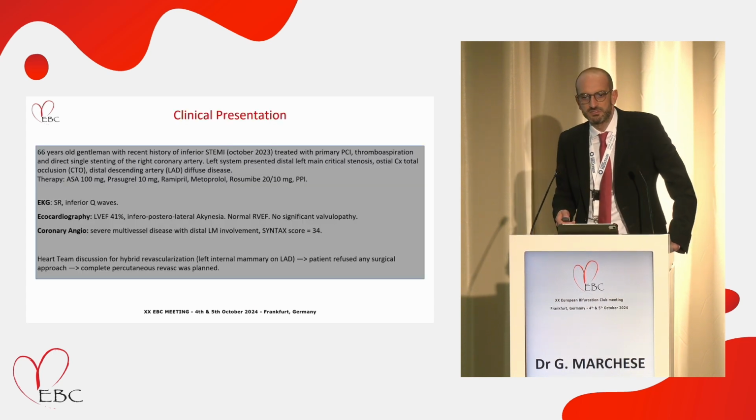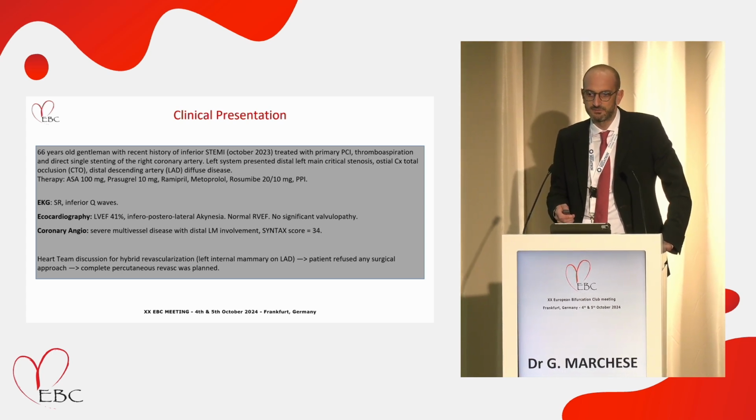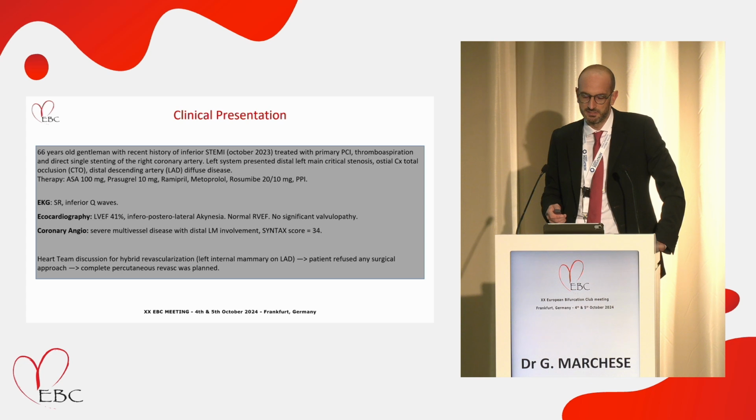It's a 60-year-old gentleman with a recent history of inferior ST elevation MI, treated with primary PCI and single stenting to the right coronary artery. The left system presented with distal left main critical stenosis, LCX total occlusion, and distal descending artery diffuse disease, apart from a critical stenosis of the first diagonal that I didn't cite here.